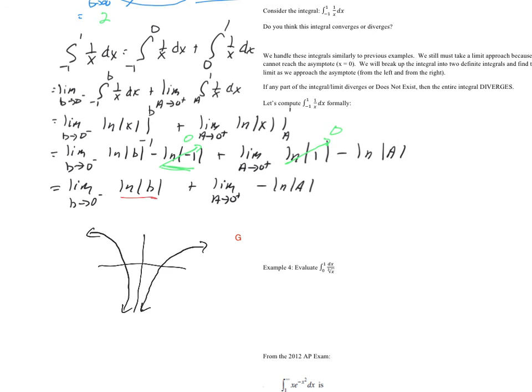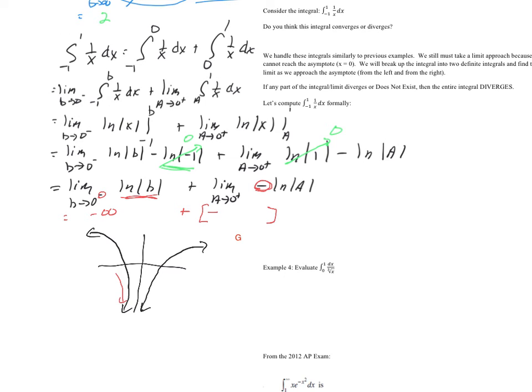So now if we're looking from the left side of 0, as we're getting closer to 0, we are approaching negative infinity plus, all right, and we have a negative here, right? So I have a plus, a negative. So let's just put that in a bracket so we don't lose that.